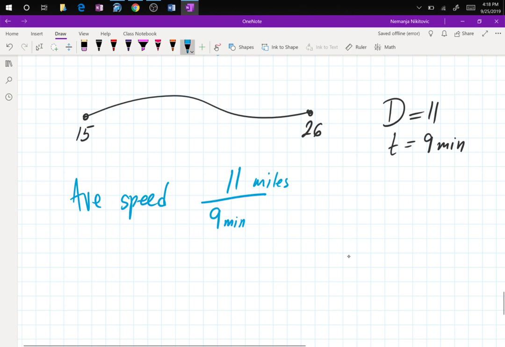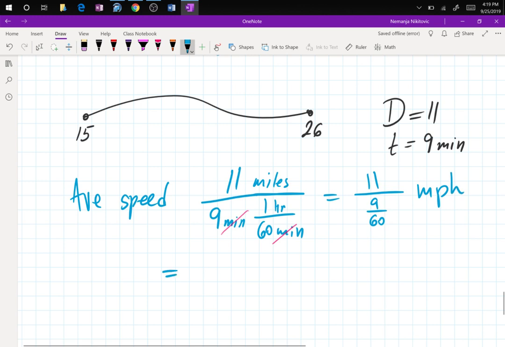So I have to convert these minutes into hours. I'll say that 1 hour has 60 minutes, and then these will cancel, which would give me miles per hour. So now what I have is 11 divided by 9 divided by 60, and it's going to be miles per hour.